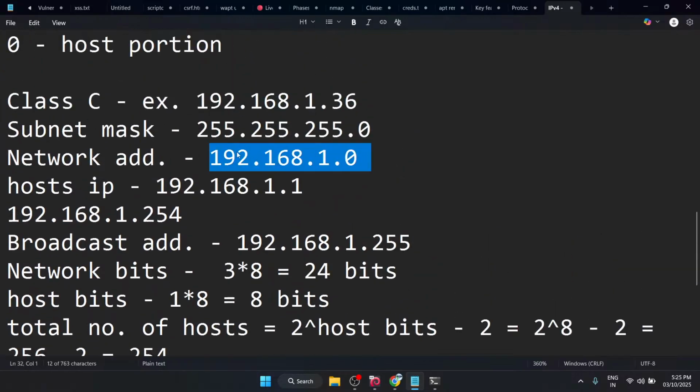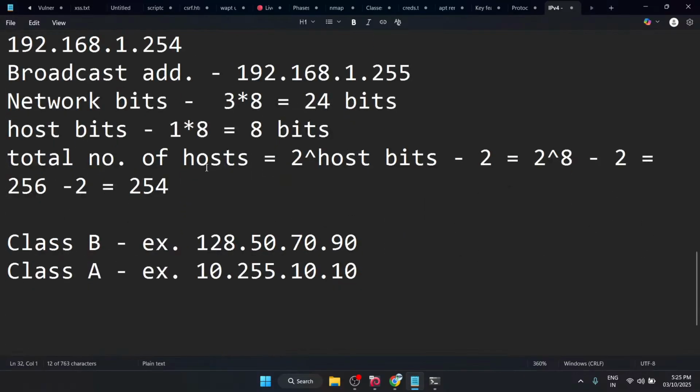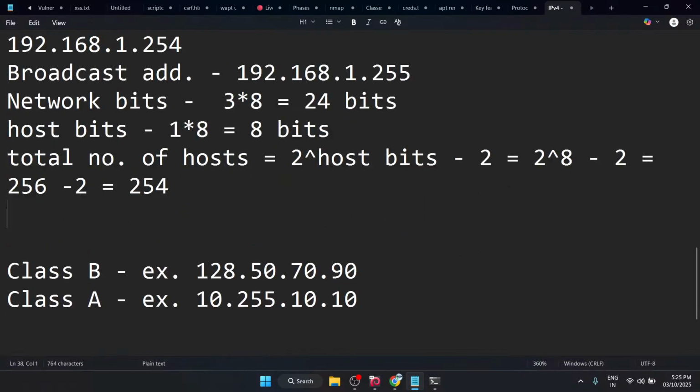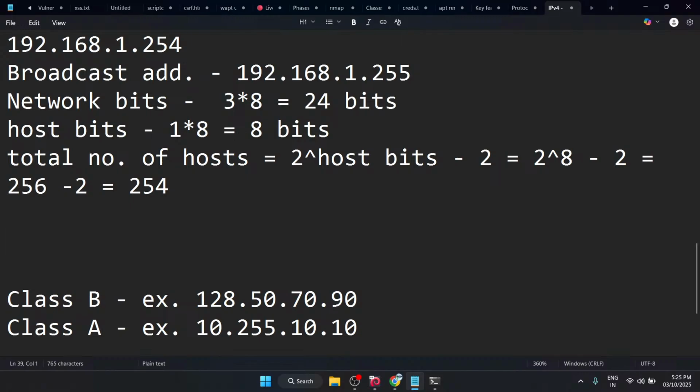This is the network address 192.168.1.0 on the single network. I hope these are clear to you. If these are not clear, just let me know in the chat.